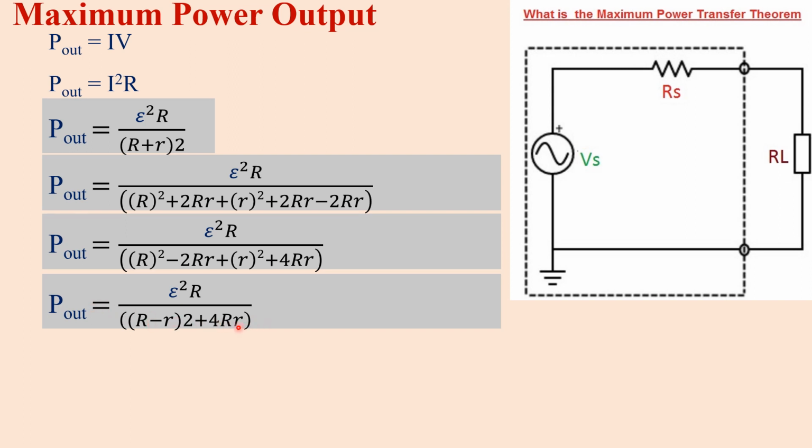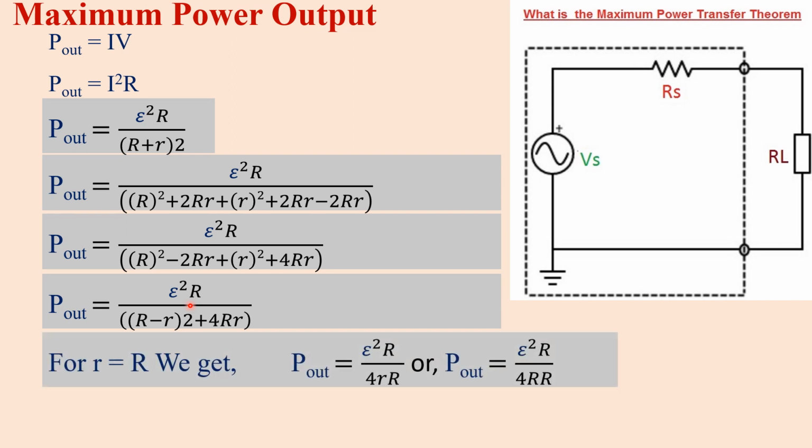Power output equals E square R divided by R minus small r whole square plus 4 capital R into small r. This is the power output from a circuit connected with an EMF source.